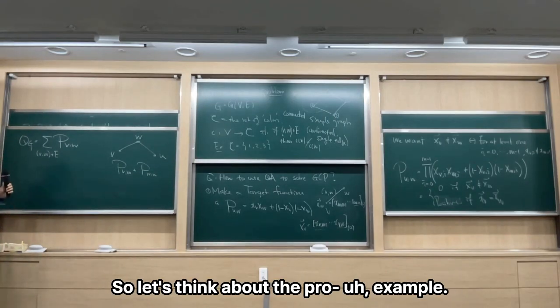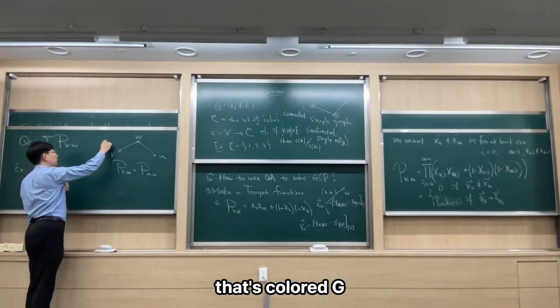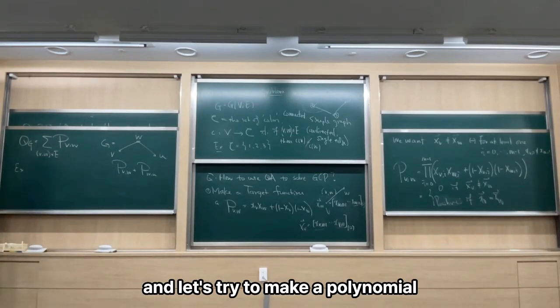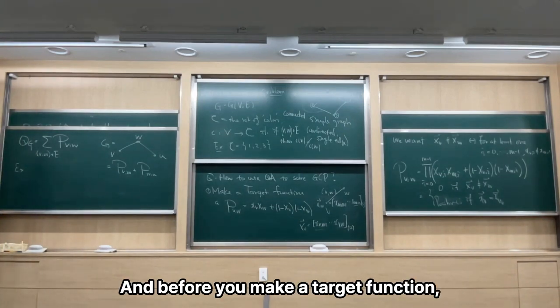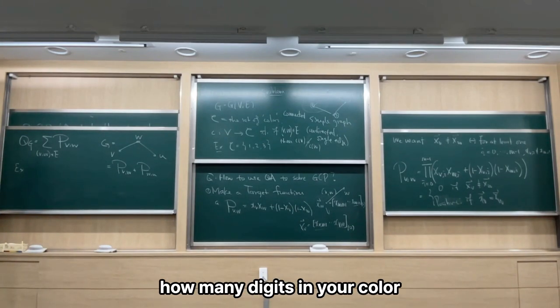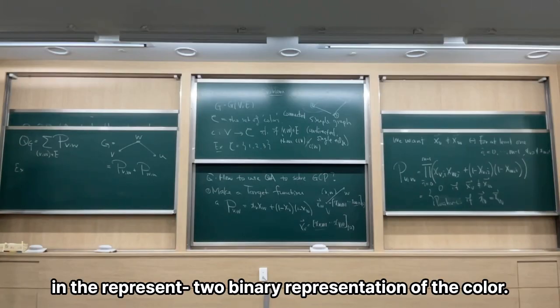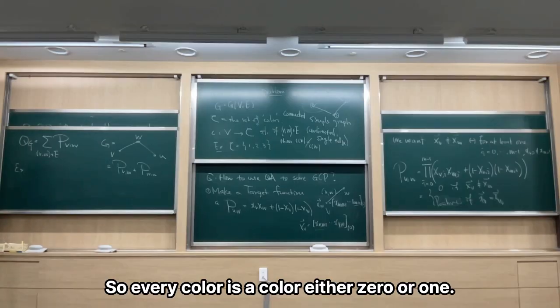Okay, so let's think about an example. We have this example, let's call it G, and let's try to make a polynomial here. Before you make a target function, you also have to decide how many digits are in the binary representation of a color. Let's assume that there is only one, so every color is either 0 or 1.